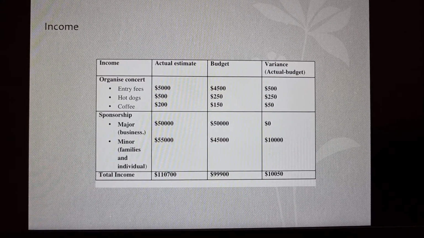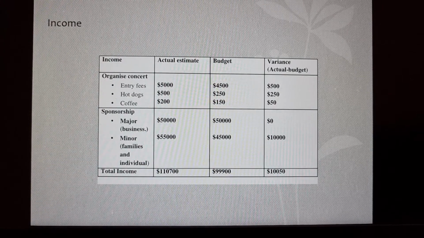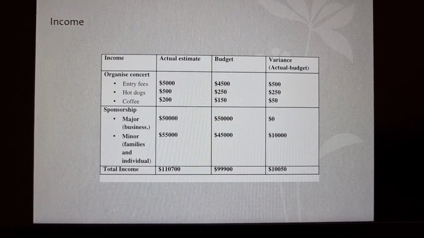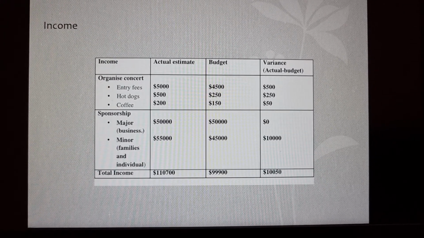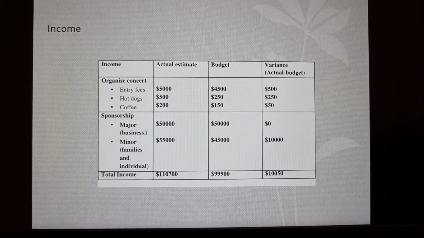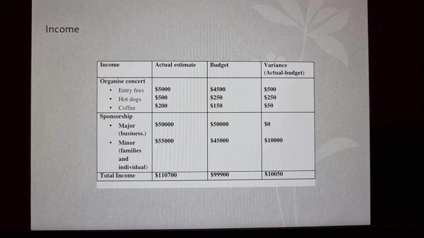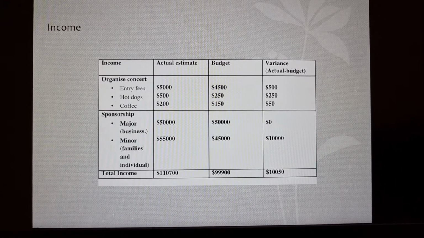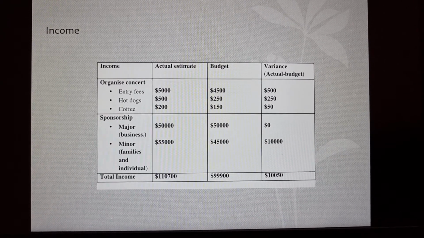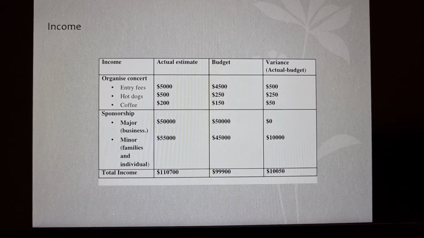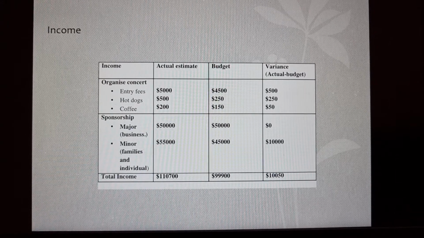Selling of foods like hot dogs is also included, plus beverages like coffees. And like we said earlier, the sponsorship from major businesses putting up their hoarding boards has also got us some income.